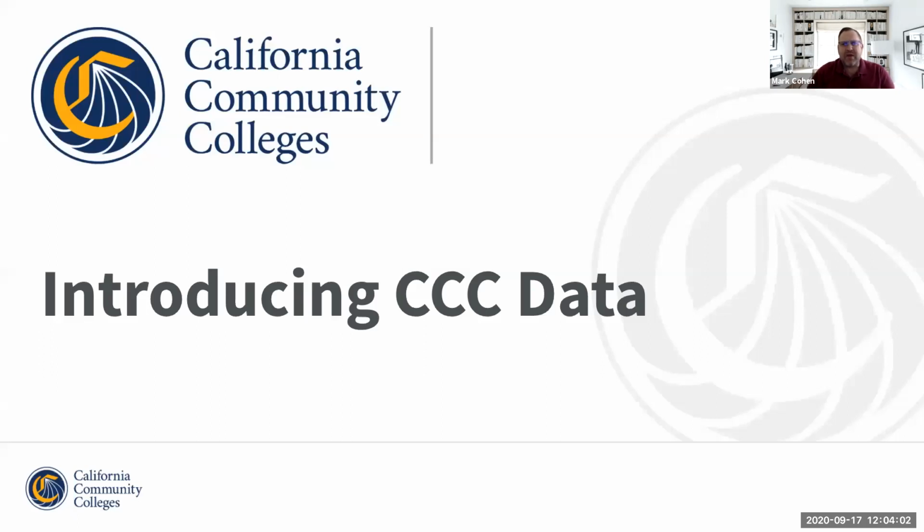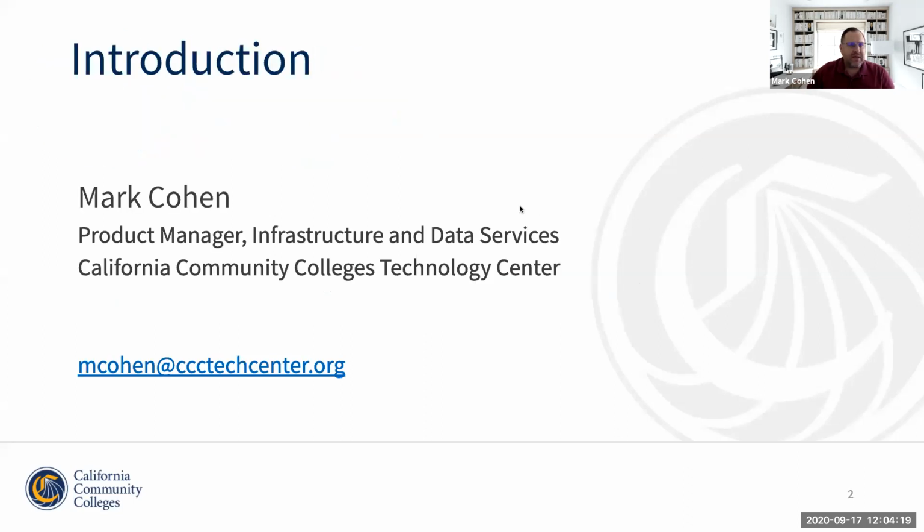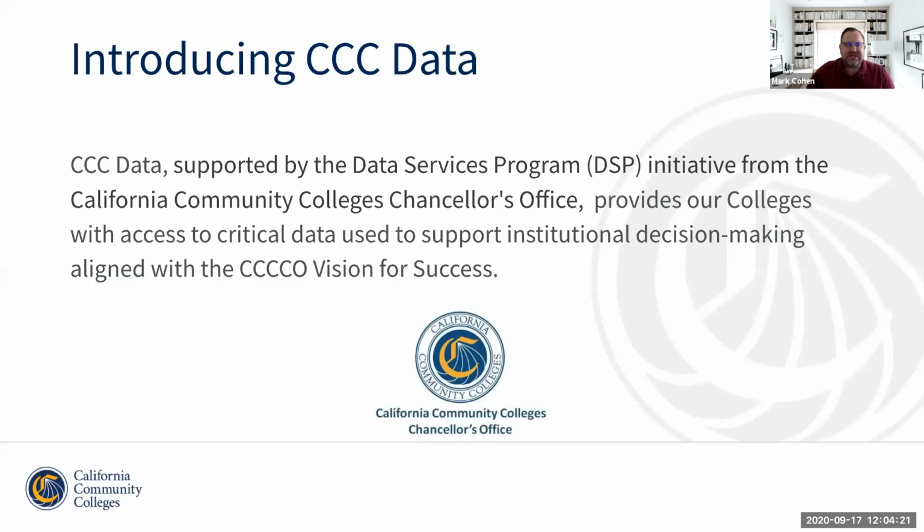So I am the product manager at the California Community Colleges Technology Center with responsibility for data and infrastructure projects, and that includes CCC Data, which is part of the Data Services Program Initiative from the Chancellor's Office. So CCC Data is designed to provide the infrastructure to the California Community College system to aggregate data from disparate systems to an enterprise data warehouse.